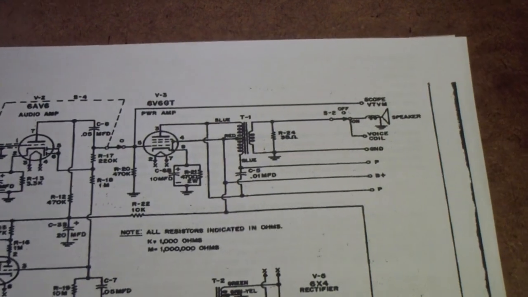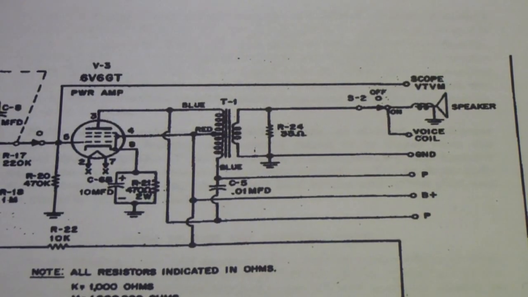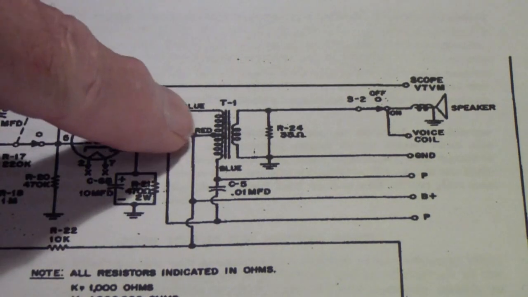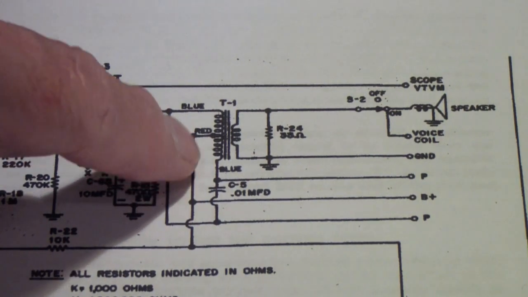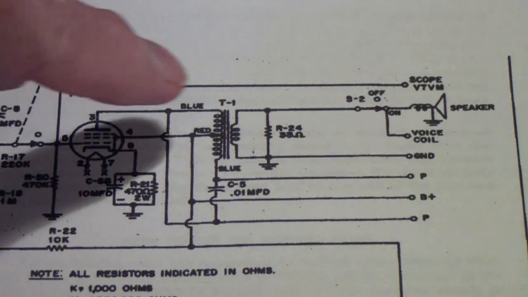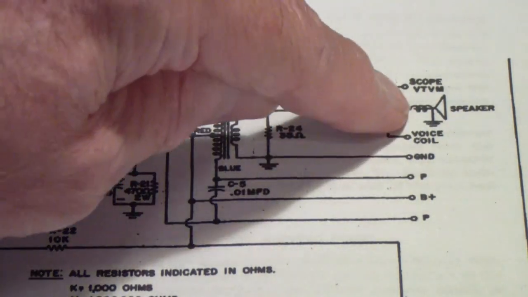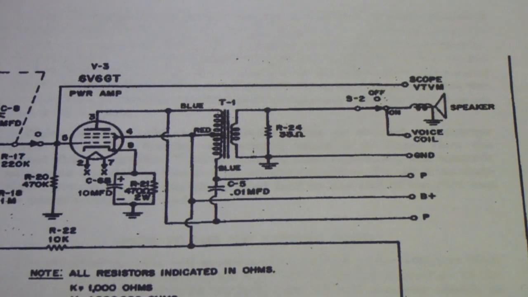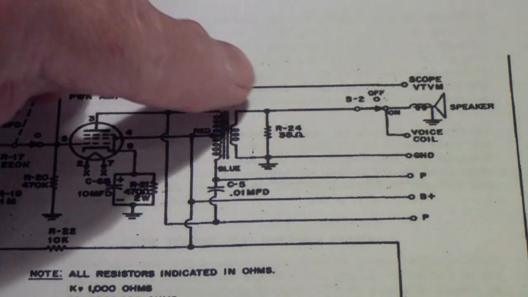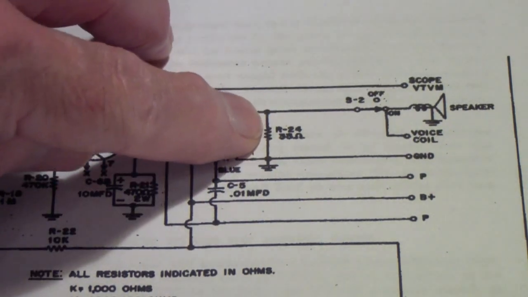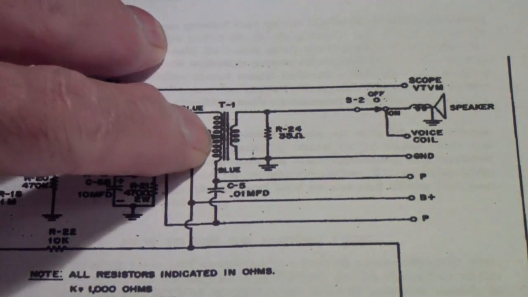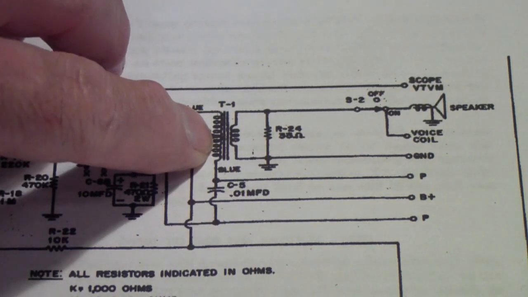There you see the output transformer, and the center tap and the two outside leads are brought out to binding posts on the front of the unit. And then there's a switch that allows you to insert the speaker or leave it disconnected. Now, for reasons of preventing the output stage from presenting too much of a transient, there's a 33 ohm resistor permanently across the secondary of the output transformer.